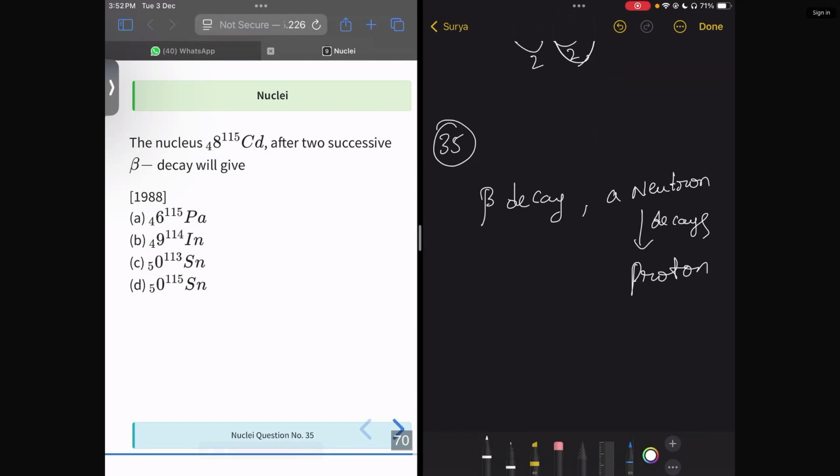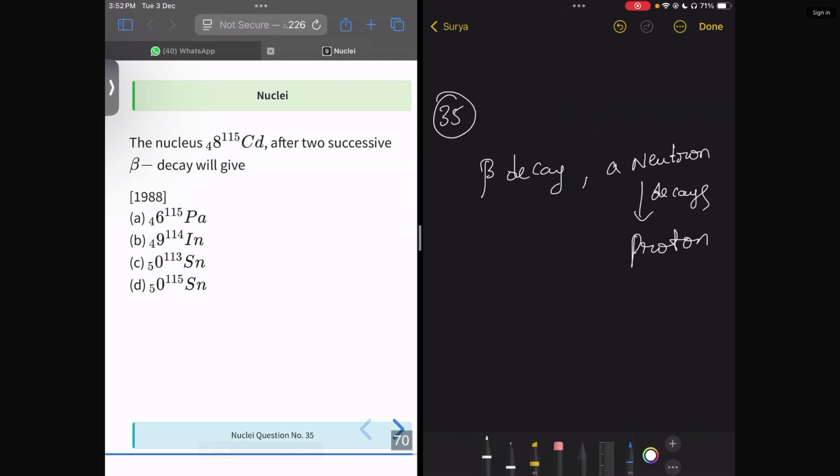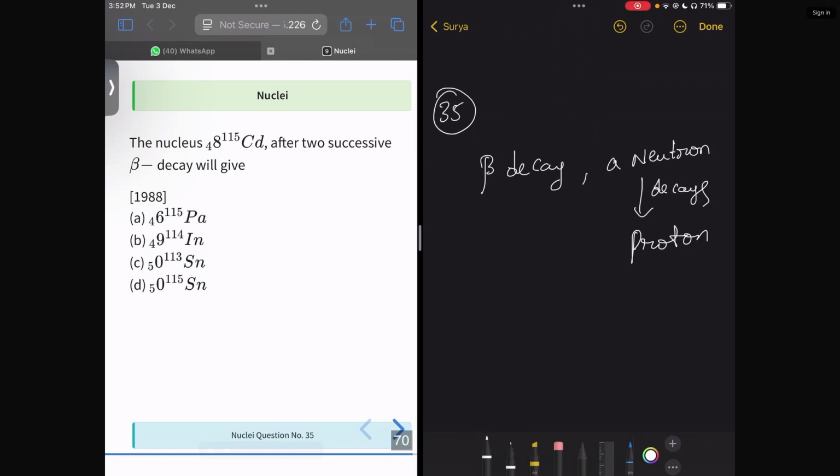This leads to an increase in the atomic number by 1, but the mass number stays the same. So 2 successive beta decays will increase the atomic number by 2.